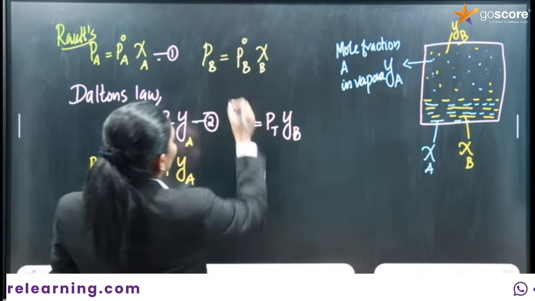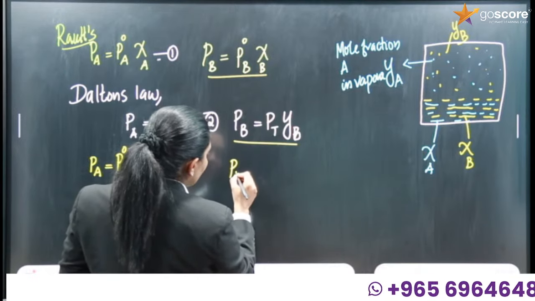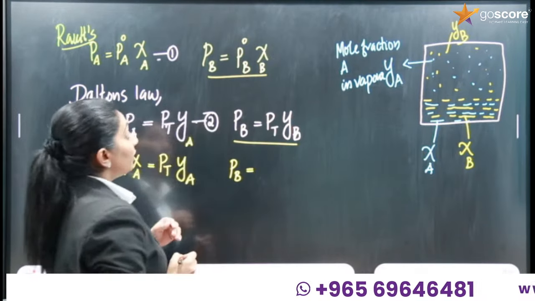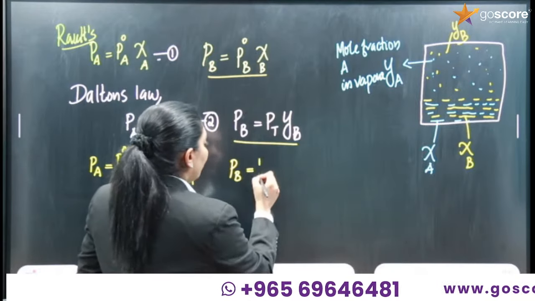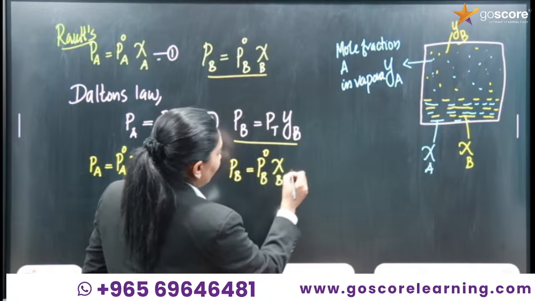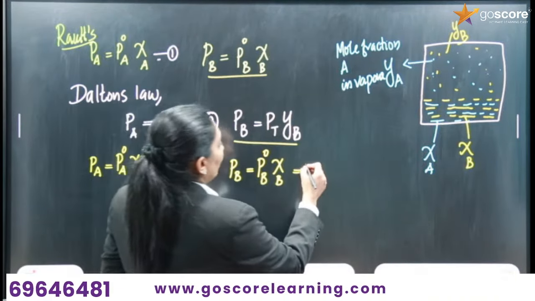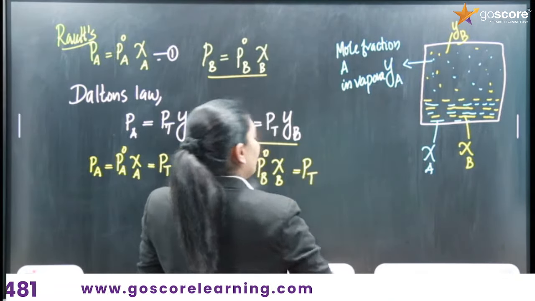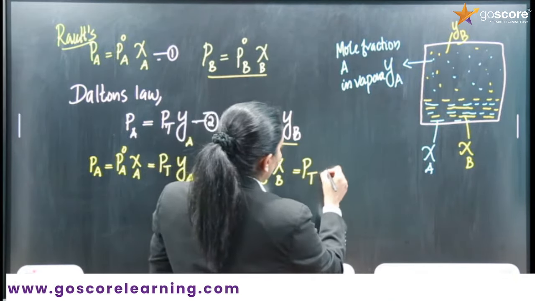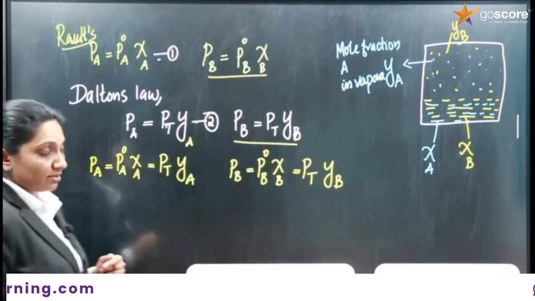Same like we can write for PB also, right? So here PB is equal to P naught B into chi B, which is equal to, according to Dalton's law, PT, that is the vapor pressure of the solution, into mole fraction of the component B in vapor phase, right?